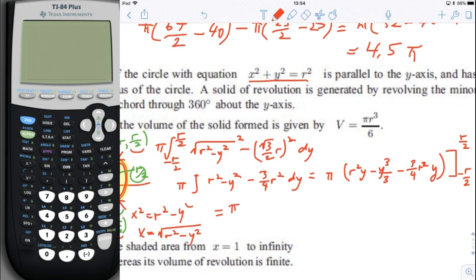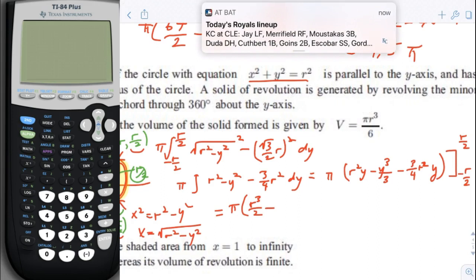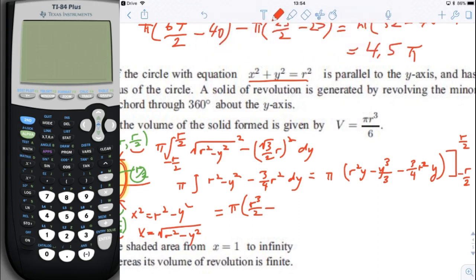So it'll be r squared times y, which is r over 2, which should be r cubed over 2, minus y cubed would be r cubed over 8.